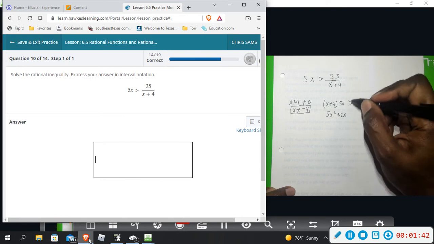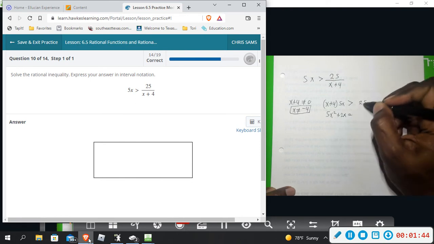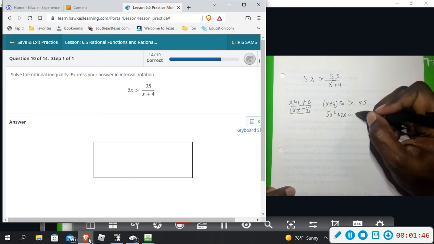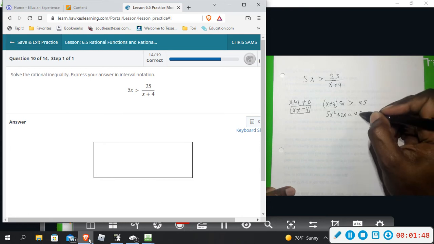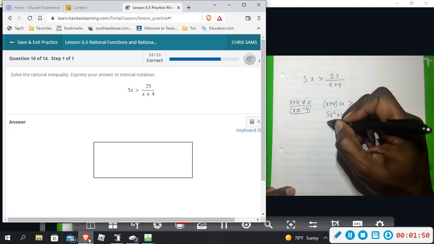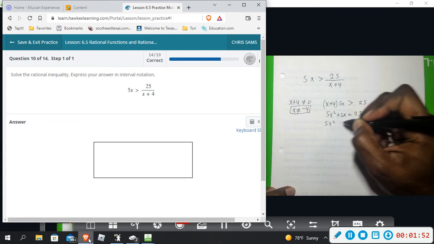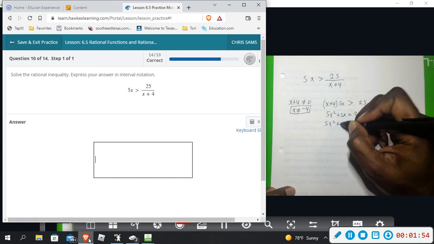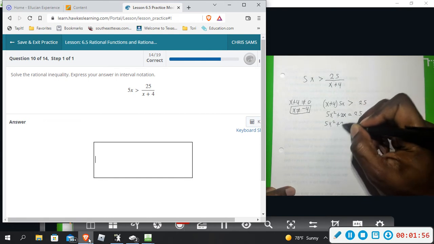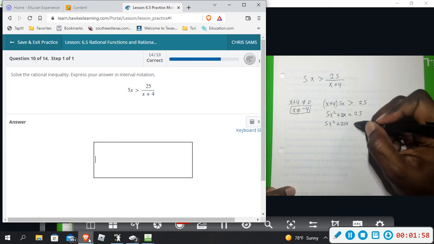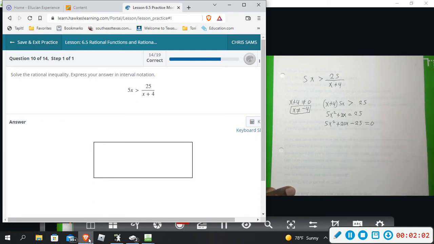And then instead of greater than, I'm just going to write equal to, because I'm just solving it for 0. Equals 25. I'm going to subtract 25 and move it over. So I have 5x squared plus 20x minus 25 equals 0.